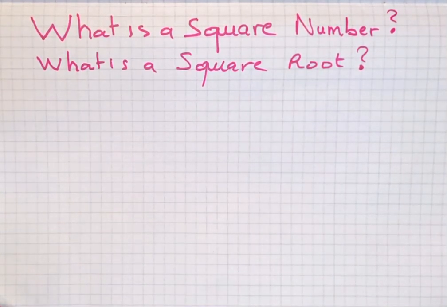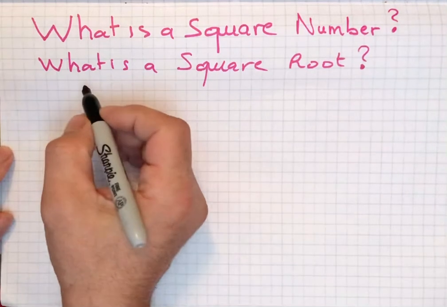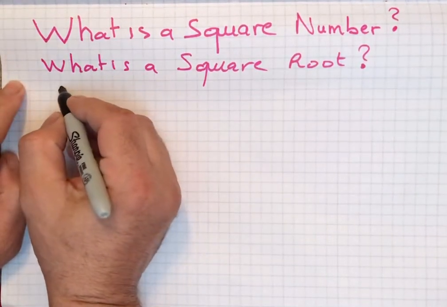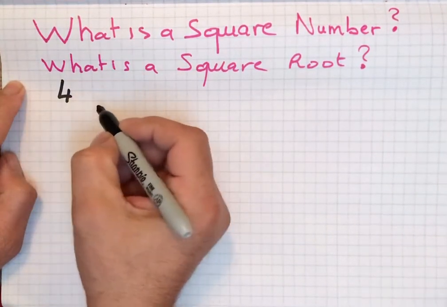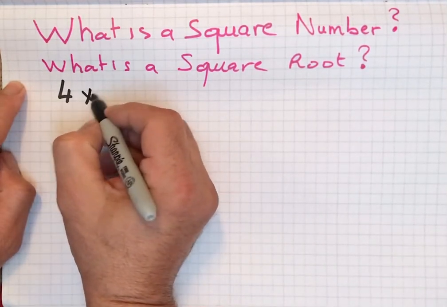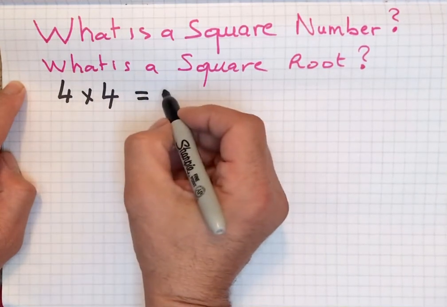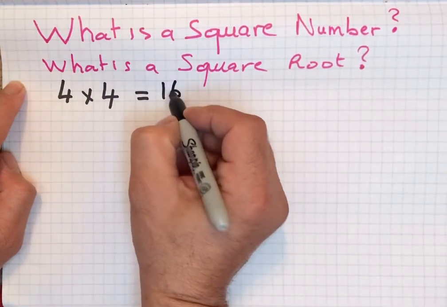If you never heard of this, a square, let's start with some numbers. I will start with the number 4. If I multiply it by itself, 4 times 4 equals, as everyone knows, 16.